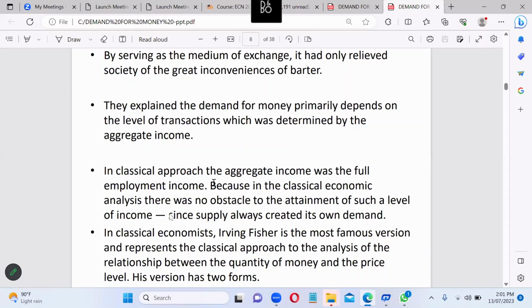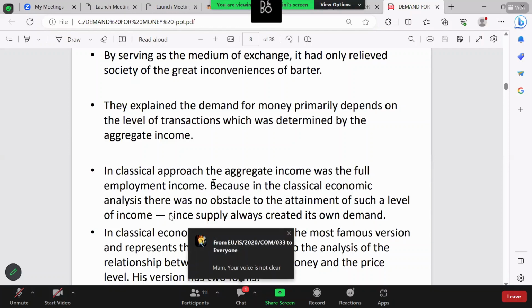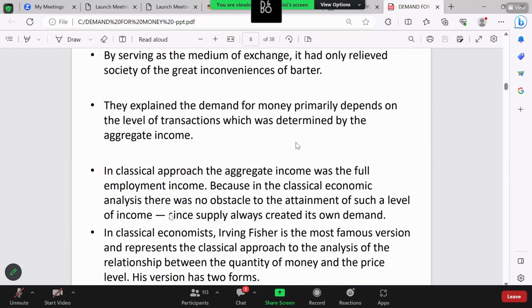Without going to employment, we cannot earn anything. Once we earn, only then can we hold money and raise the demand, that is, raise the willingness to hold money in our hand.